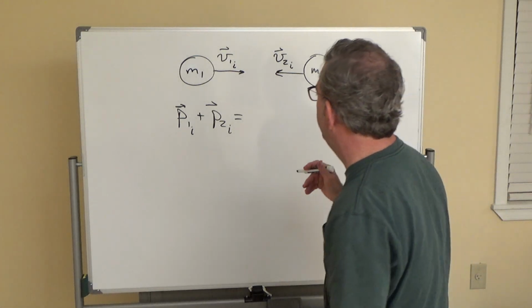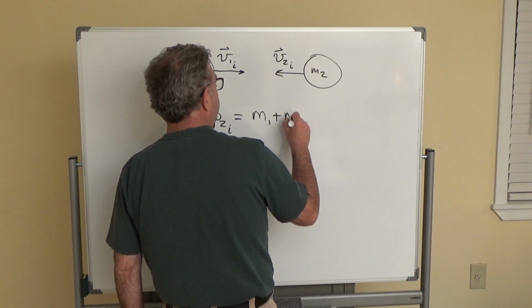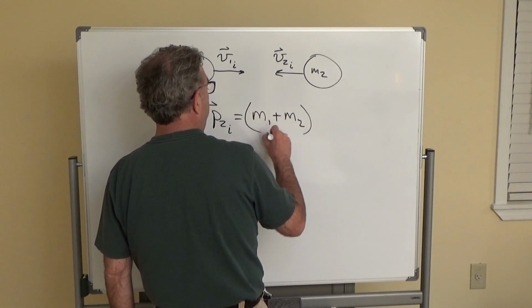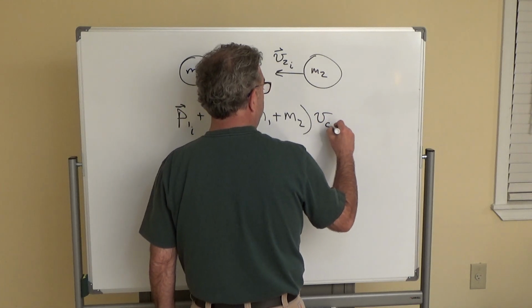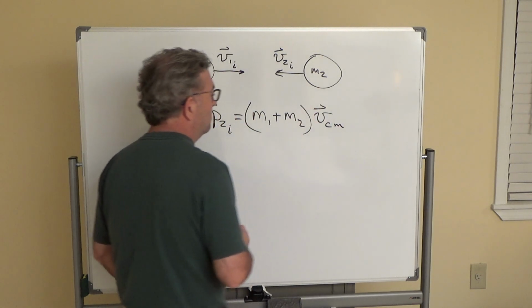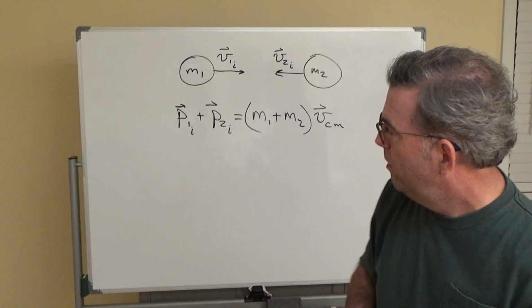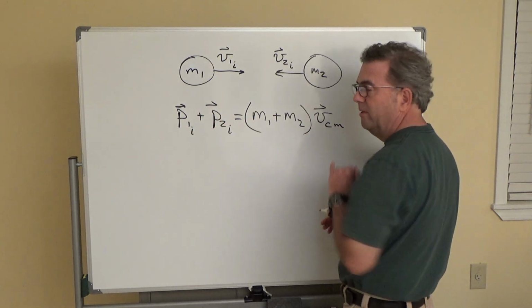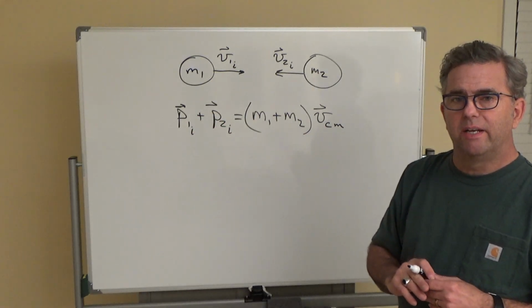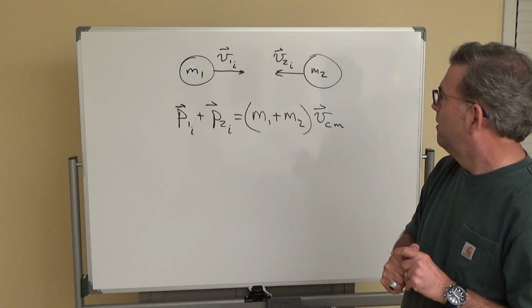All right? This is M1 plus M2. What's the final momentum? Well, it's M1 plus M2 times V center of mass. And if it's a one-dimensional case, that's really simple because you only have to deal with the positive and negative signs for the momenta. Okay?